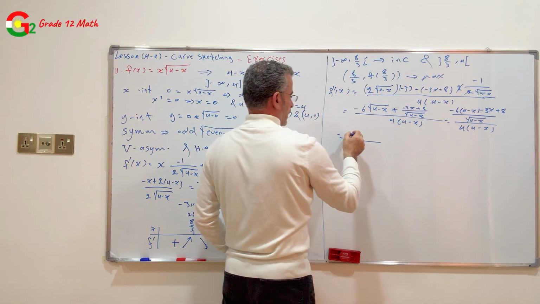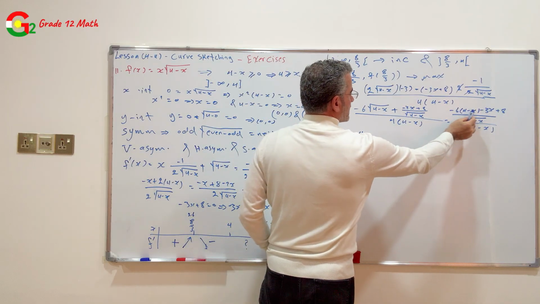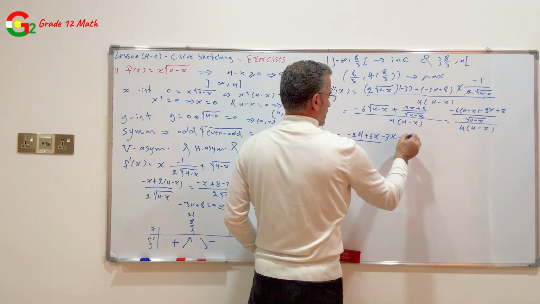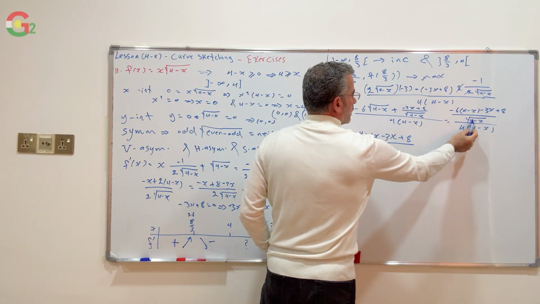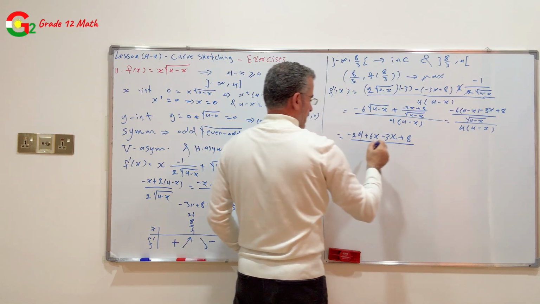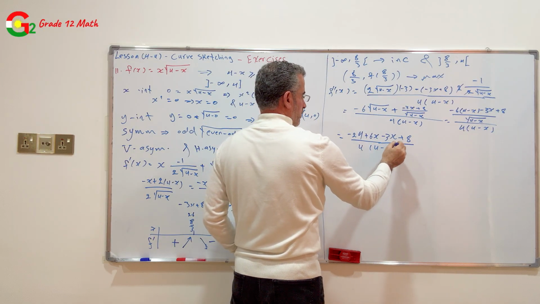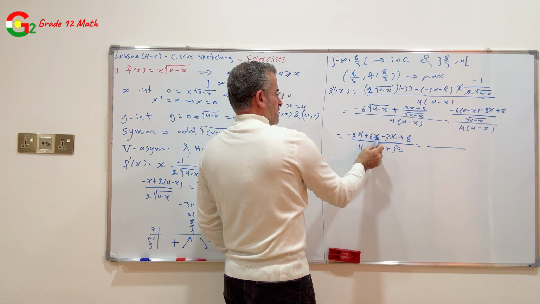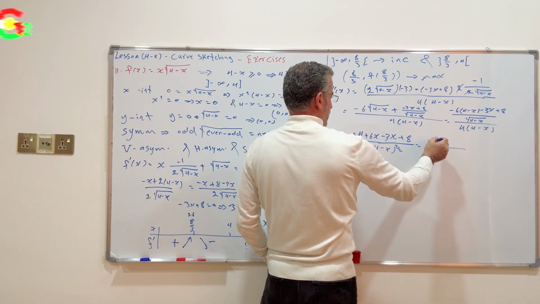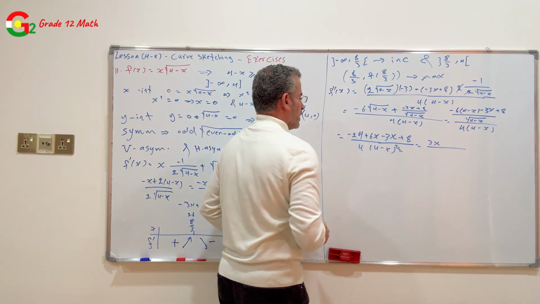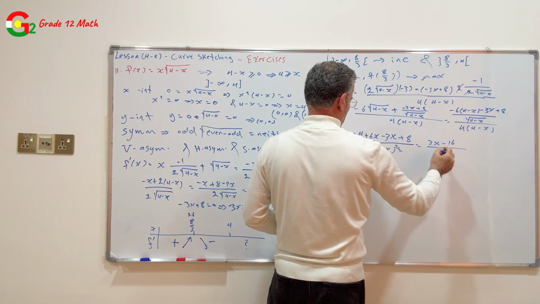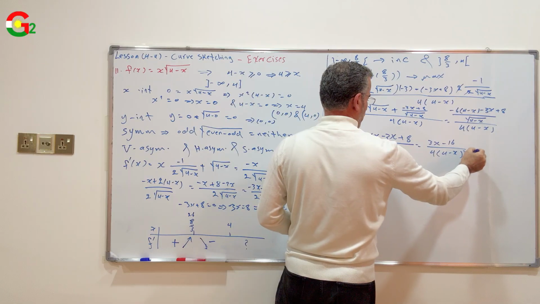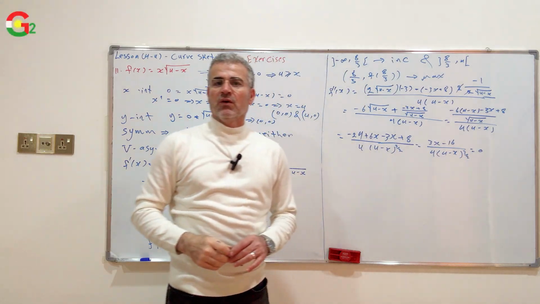negative 6 times 4, negative 24, negative 6 times negative x, plus 6x, minus 3x plus 8 over square root 4 minus x times 4 minus x, 4 minus x to the power 3 over 2, equal to negative 6x minus 3x, 3x, negative 24 plus 8, negative 16 over 4 times 4 minus x, all to the power 3 over 2.